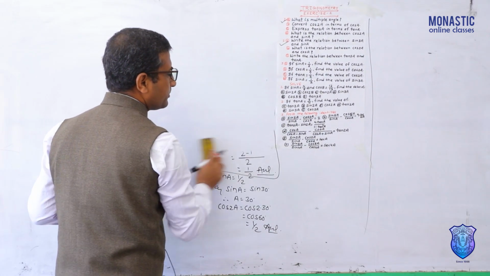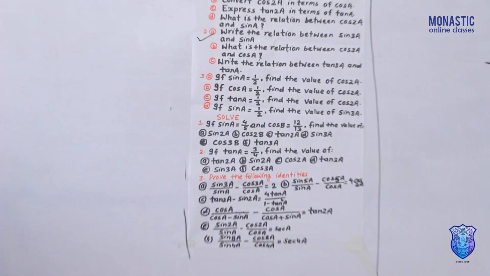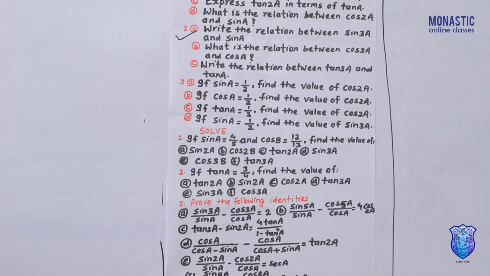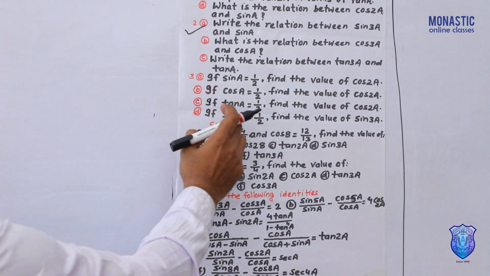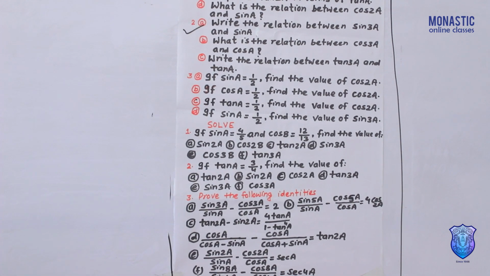Next, if cos A is given and you have to find cos 2A, then directly use the formula of cos 2A, 2 cos square A minus 1, and substitute the value of cos A. If tan A is given and you have to find cos 2A, you can do the same way.